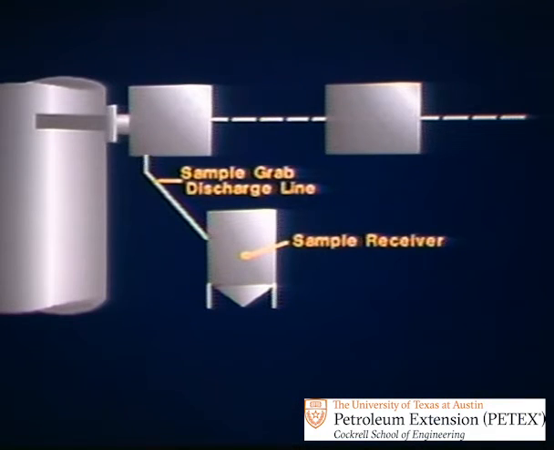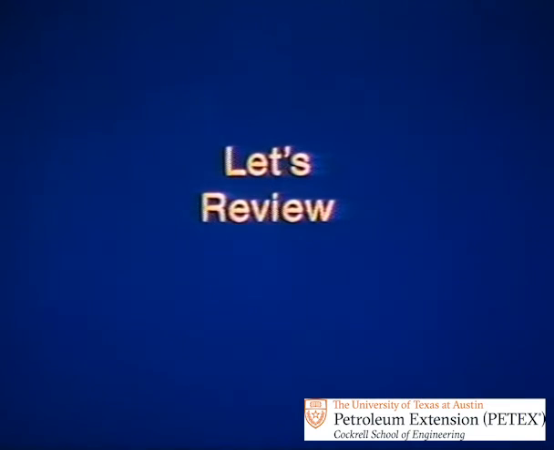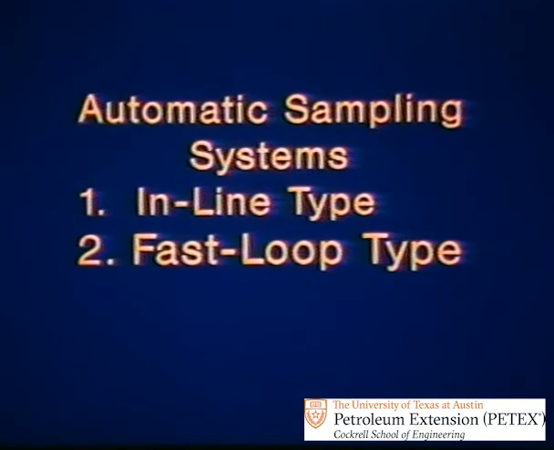The next component of the automatic sampling system we'll look at is the sample receiver. But before we do, let's quickly review what we've learned in this part of the program. Two types of automatic sampling systems are available: the inline type and the fast loop type.